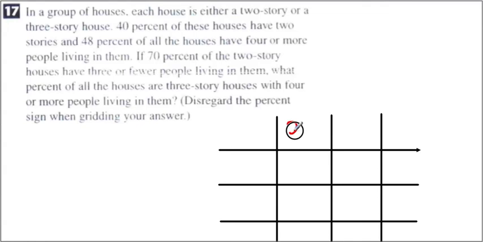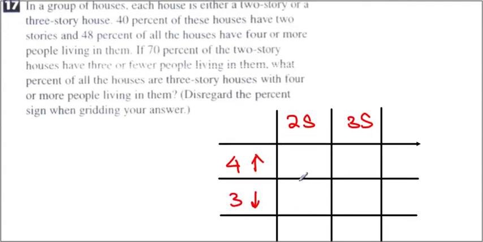So for 2 story, I'm going to put 2s. 3 story will be 3s. Now, second thing is 4 or more people living in them, or 3 or fewer people living in them. So those are the 2 categories which we are looking at. One way or the other, since they are percents, when you add them up, it has to be equal to 100%.